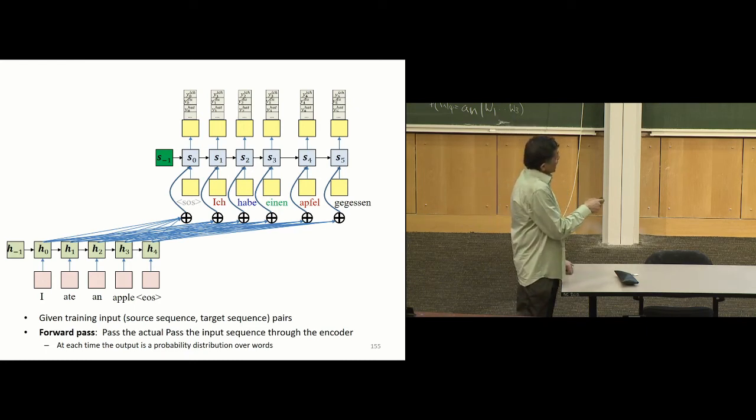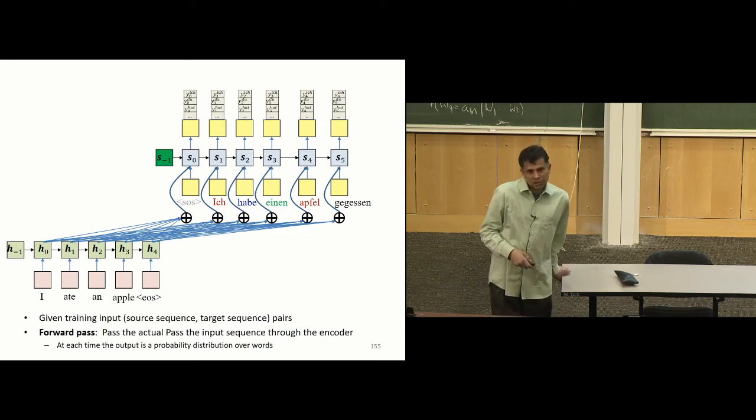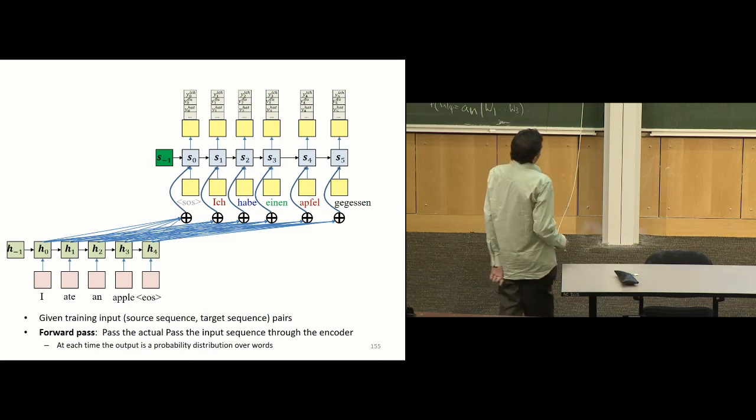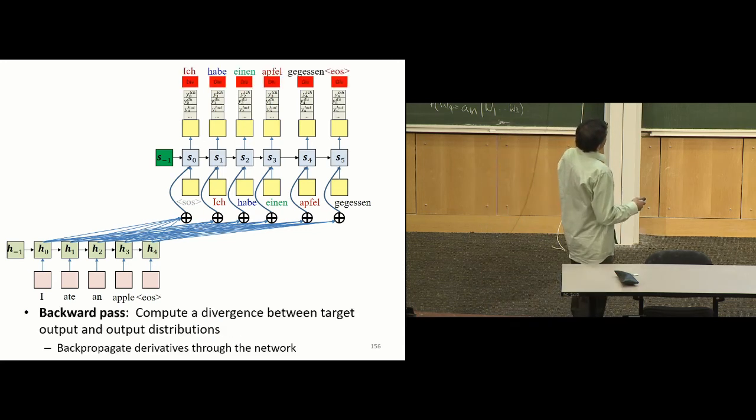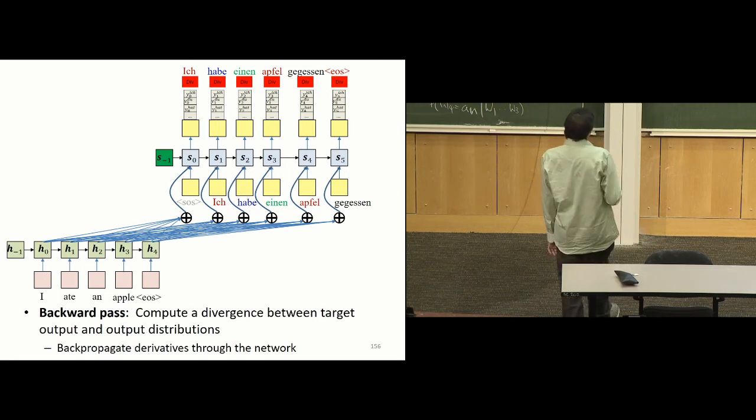You would be using the actual target output sequence as input, exactly as we did for the simple translation model. And then we can compute the divergence between these outputs and the target output and propagate the derivatives of those divergences back through the network.